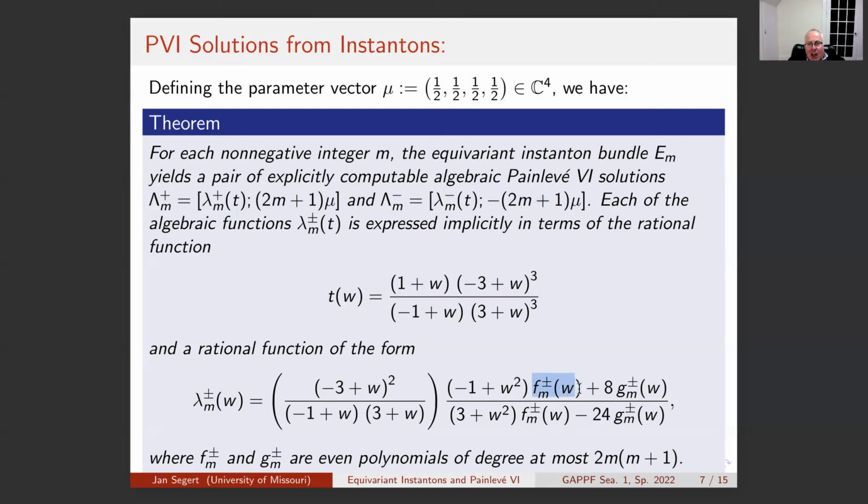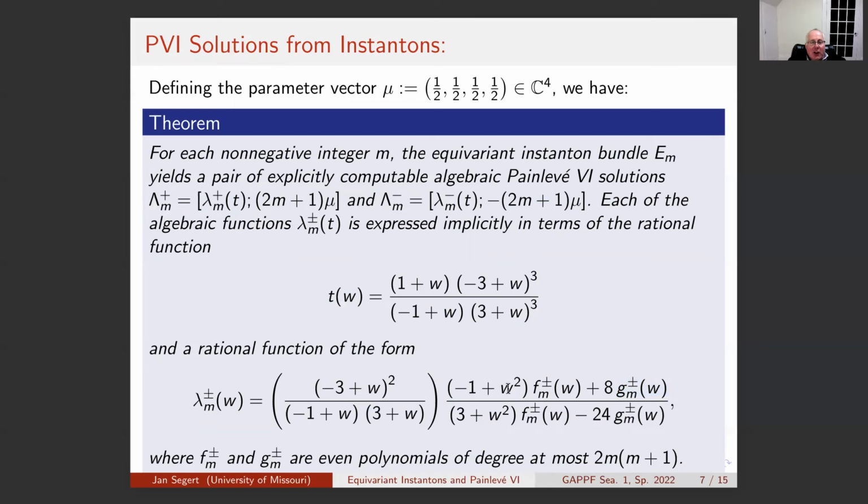Then for each m and each choice of plus or minus, there's a pair of even polynomials in w, which have degree at most 2m plus 1. And these are the things that are implicitly computable from the ADHM monad. So basically for each choice of m and plus or minus, you can compute the f plus and f minus, and g plus and g minus, plug them into this formula, and you've got your solution for Painlevé.